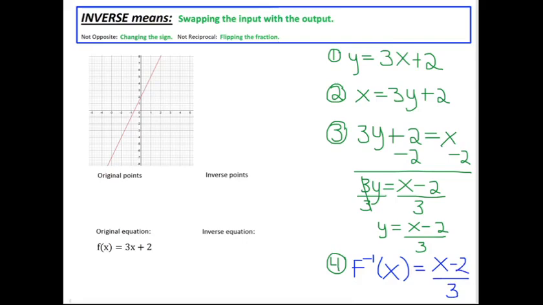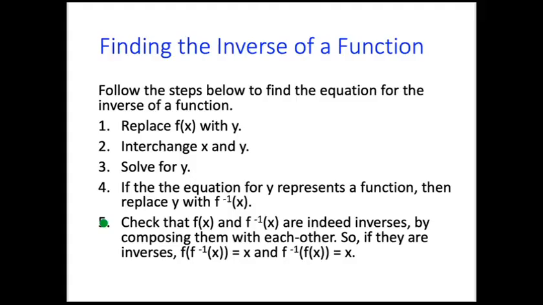And now we need to look at step 5. We want to check that f of x and f inverse of x are indeed inverses. So we compose them with each other. And we want to make sure that when we compose either way, if we take f inverse of x and put it inside f, or if we take f of x and put it inside f inverse, that we get an output of x.